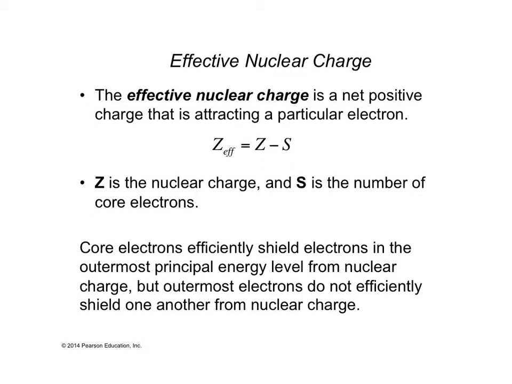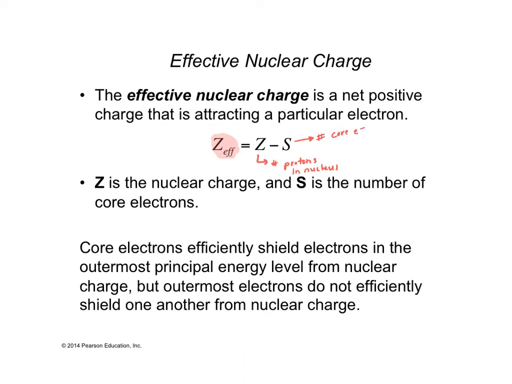The effective nuclear charge, which is essentially the portion of the nuclear charge that our valence electrons actually feel, is given by Z minus S, where Z is the actual nuclear charge, the number of protons in the nucleus, and S is the number of core electrons we subtract away from that.